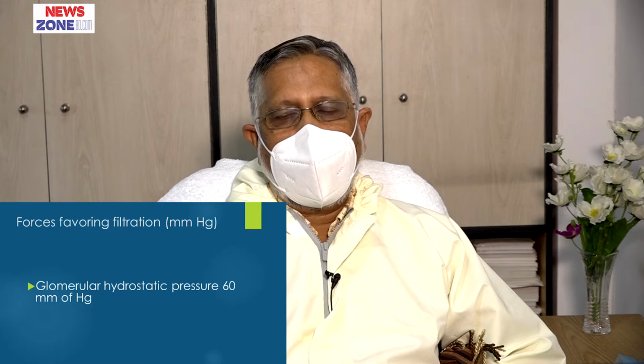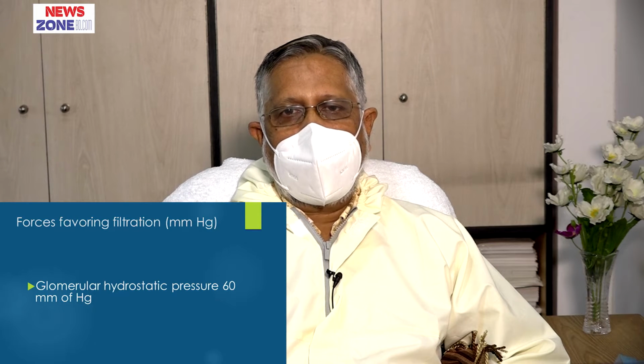After entering through the afferent arteriole, blood enters the glomerulus, which is a very high hydrostatic pressure bed, and the glomerular hydrostatic pressure forces the plasma out to the renal tubule, crossing the Bowman's capsule.